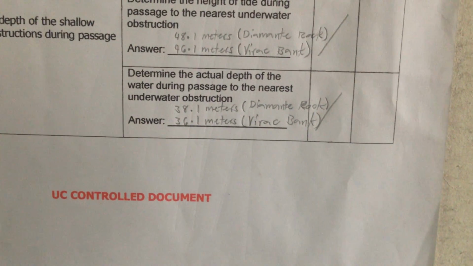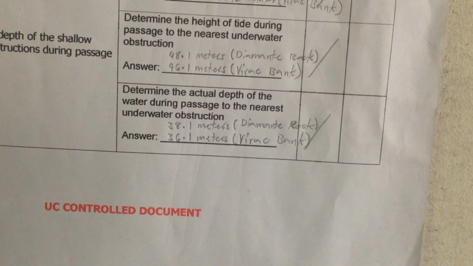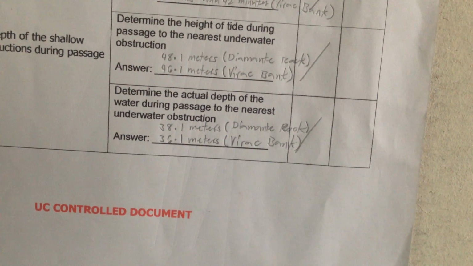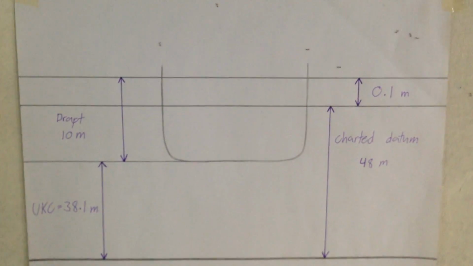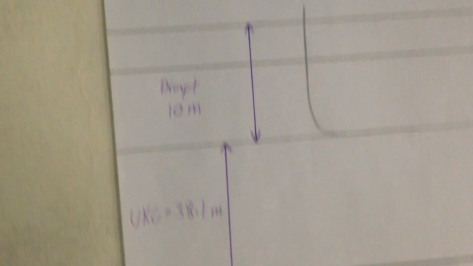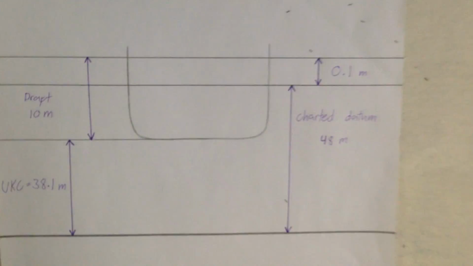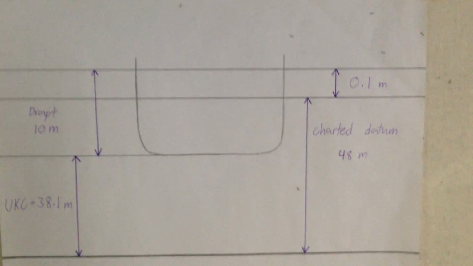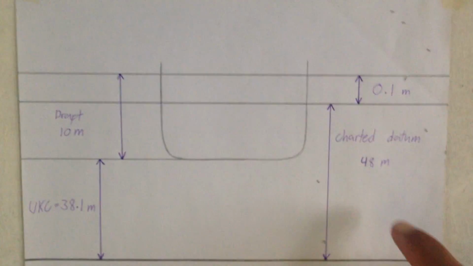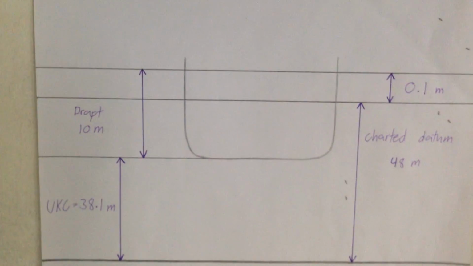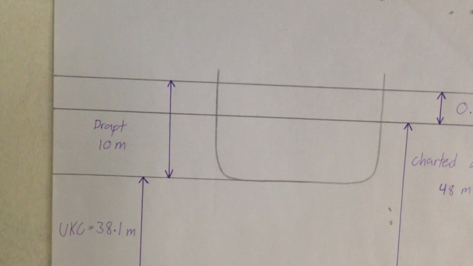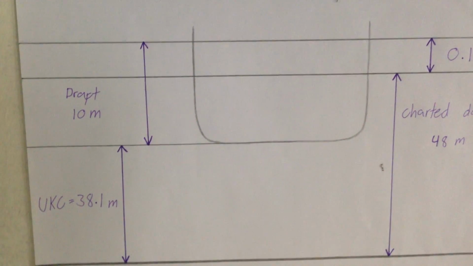Lastly, determine the actual depth of the water during the passage to the nearest underwater obstruction. This is my Diamante Rock. As I said earlier, the charted datum is 48, and it is increasing by 1.1. We have the given draft of 10 meters.